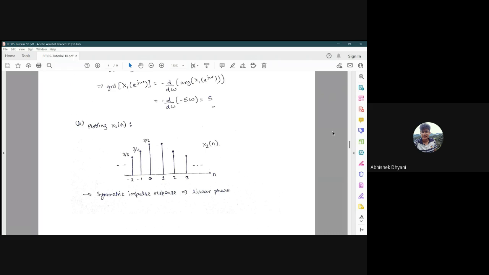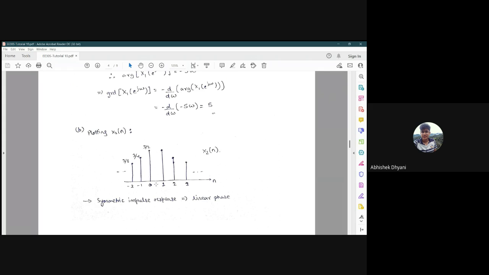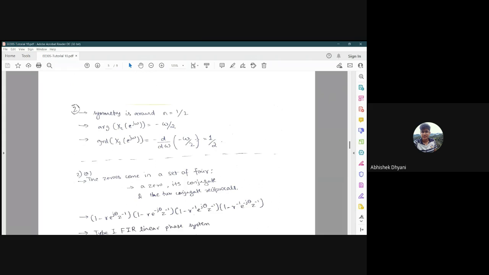So that makes calculating the group delay quite easy for us. We can see in this case that the symmetry is about a point somewhere between 0 and 1. So it's 1/2, and this part is symmetric to this part. And that is why we can say that alpha in this case is 1/2.